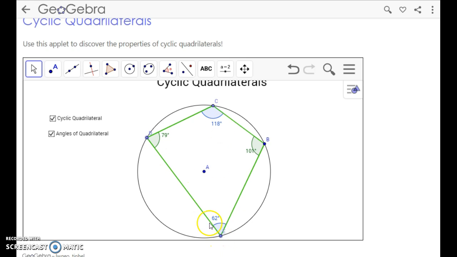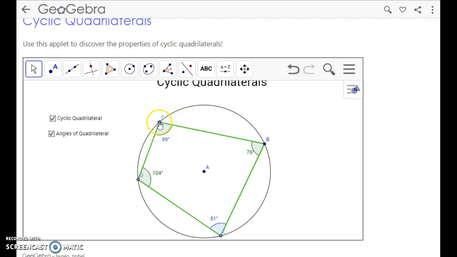And if I look at the blue angles, that appears to be the same. So if I have 110 and 70, that's 180. If I move that point D around to other places, that's still going to hold true. So if I drag this around, the green ones change, but they still add up to 180. So in a cyclic quadrilateral, the opposite angles are supplementary.